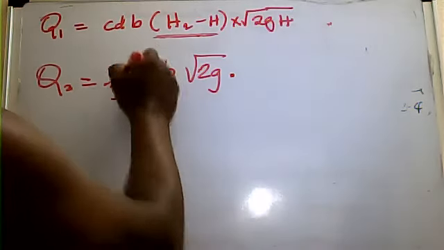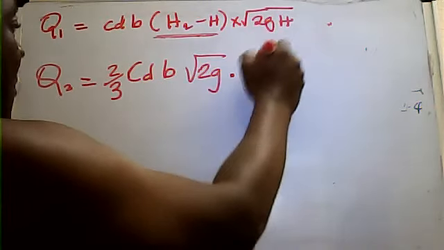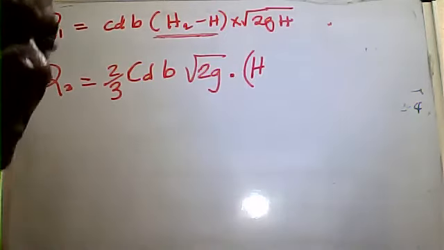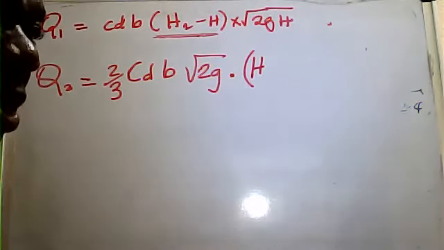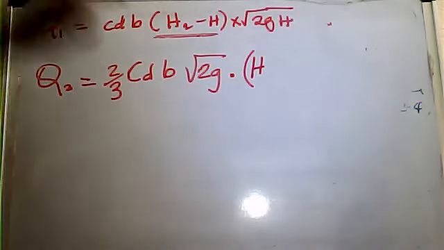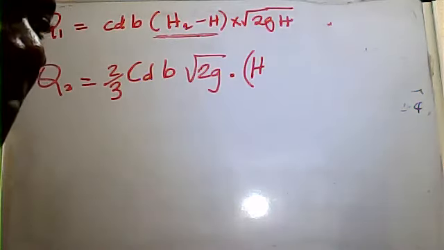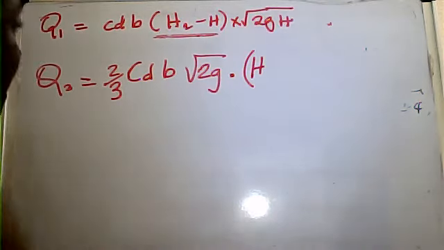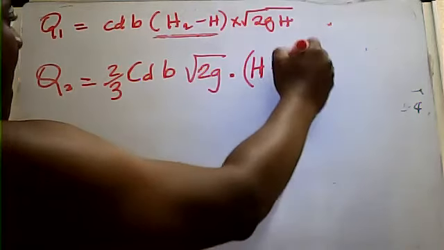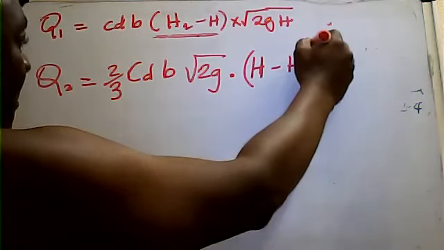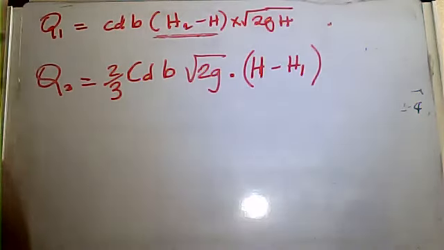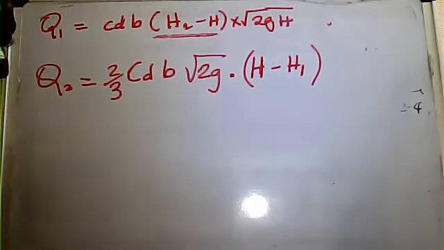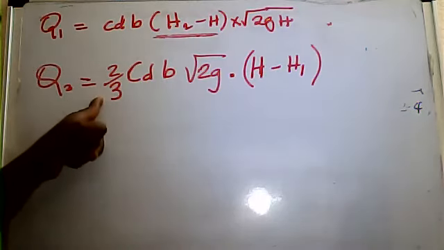Okay, so the H now, here, we put it in brackets. It's no longer H2 minus H. It is now H minus H1. But this H inside has got a power. And the power is the reciprocal of this value here.